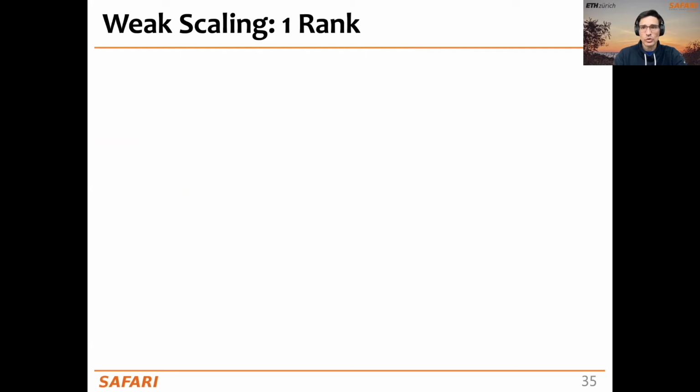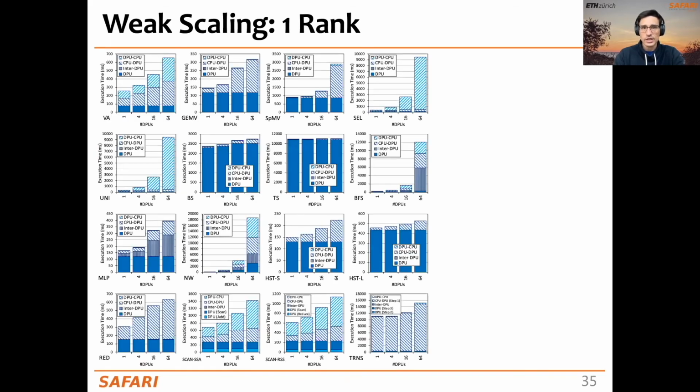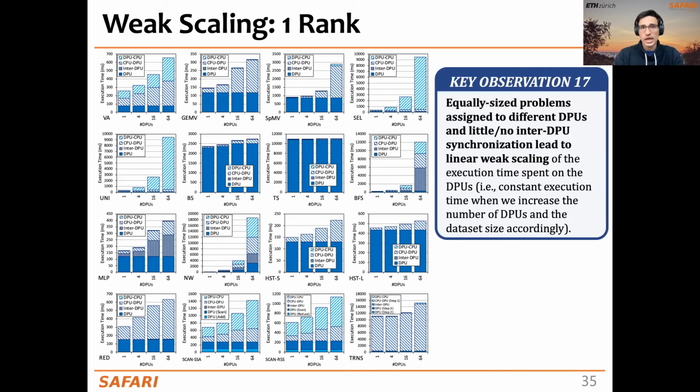Finally, I'm going to also show you some results on weak scaling on a single rank. In weak scaling, we have equally sized problems per DPU, so we increase the size of the total problem as we increase the number of DPUs. One key observation from these results is that equally sized problems assigned to different DPUs and little or no inter-DPU synchronization lead to linear weak scaling of the execution time spent on the DPUs.